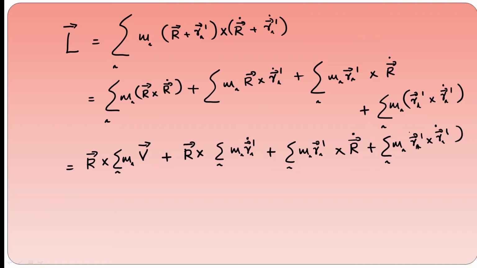You just see, summation over Mi Ri prime is the sum of moments about the center of mass.